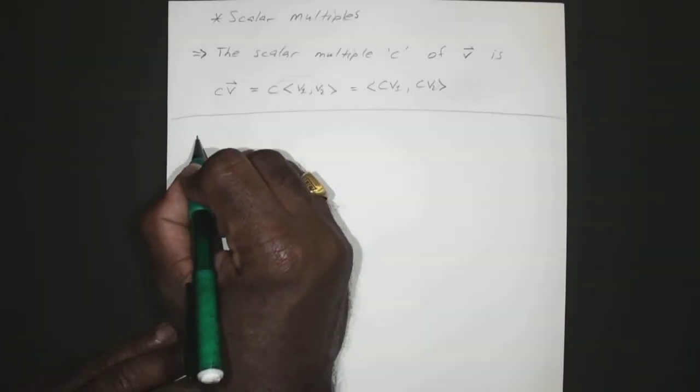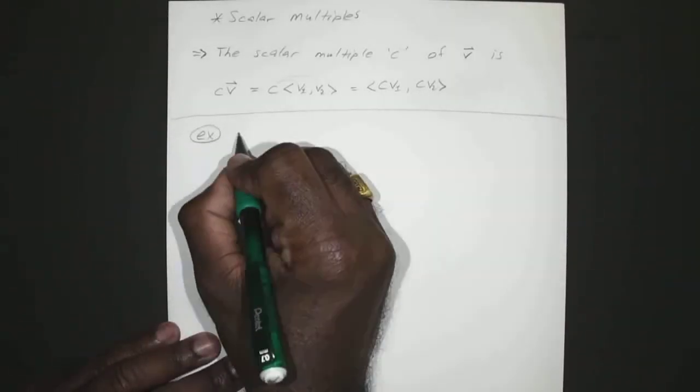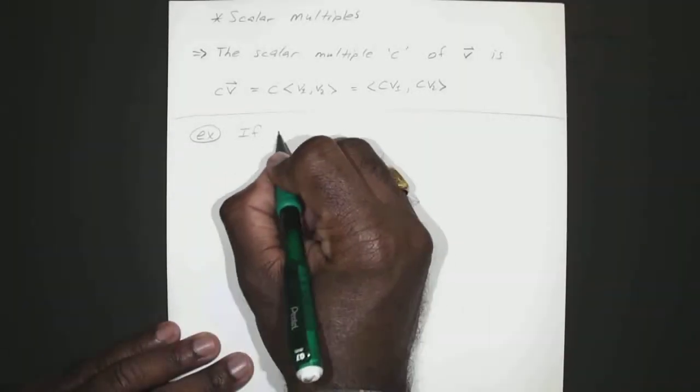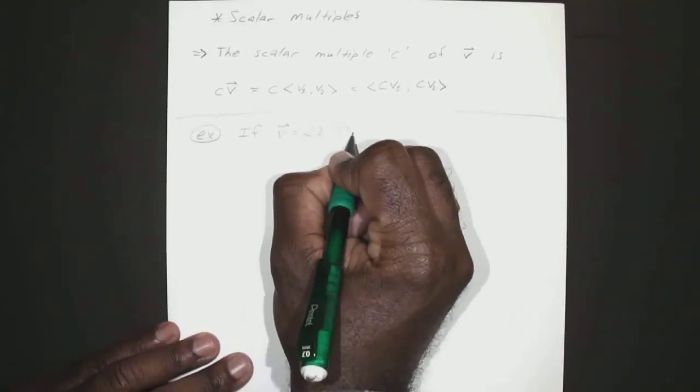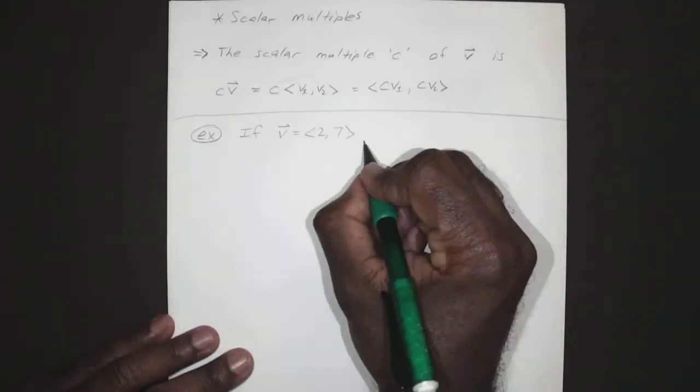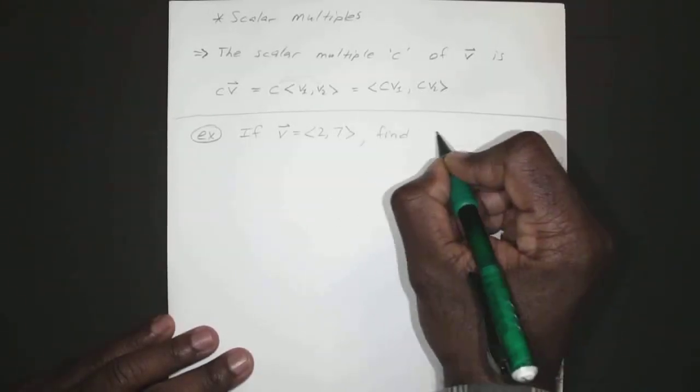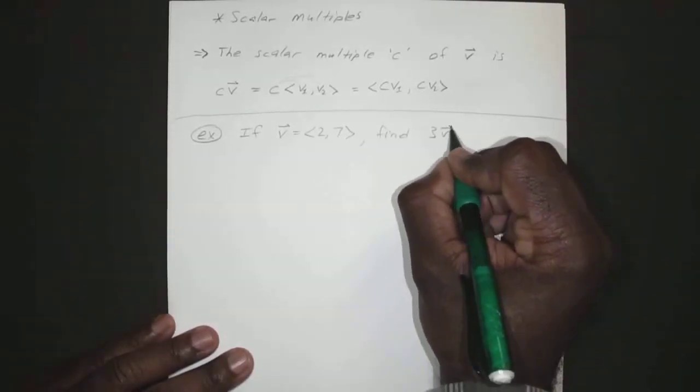Okay, so let's say, for example, we know that vector v is equal to 2, 7. Find 3 times vector v.